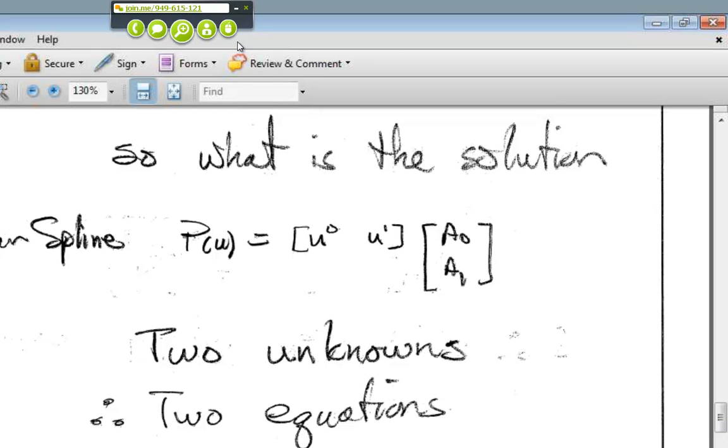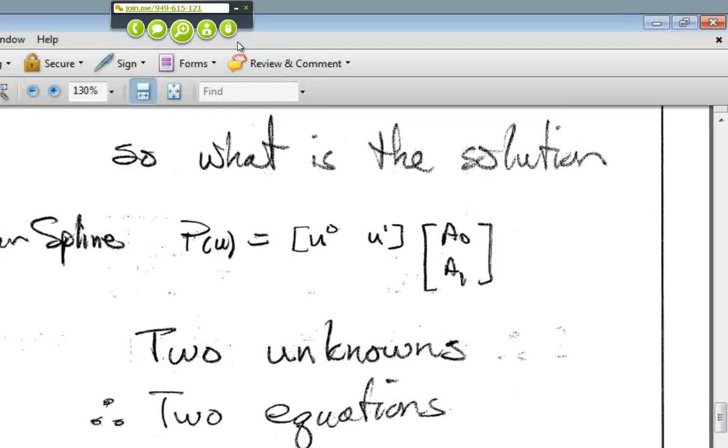We can put in our second x value, and we can get this equation where the u's are u to the 0th power, u to the first, u to the 0, u to the first.